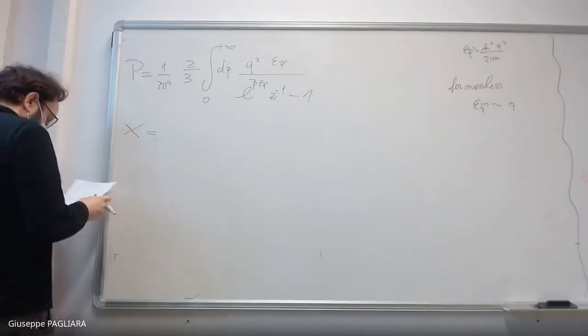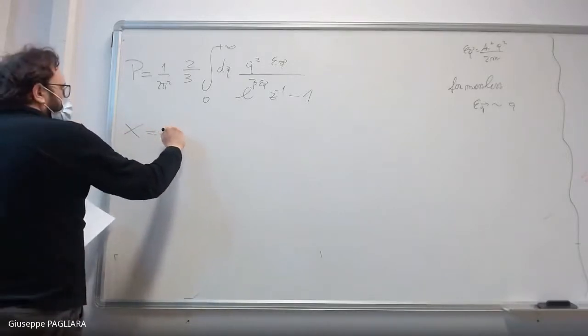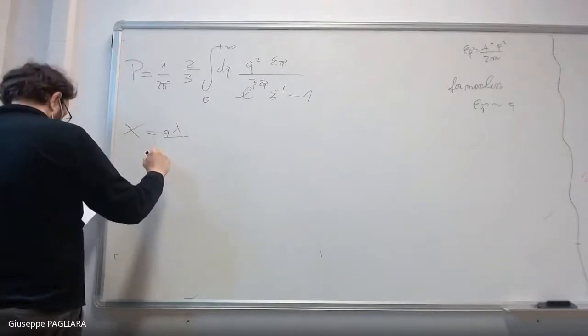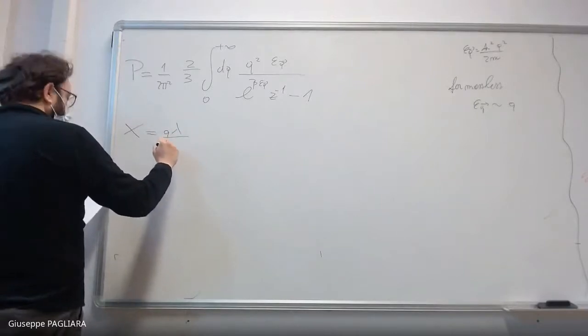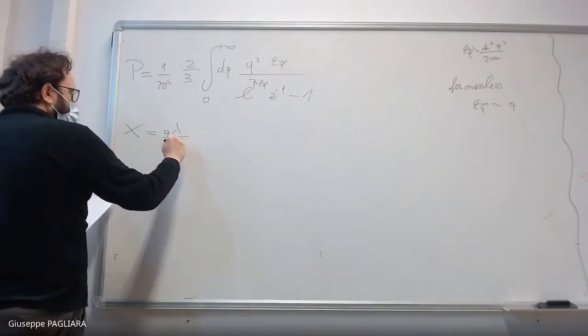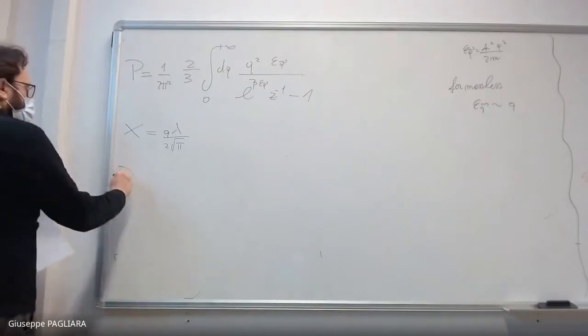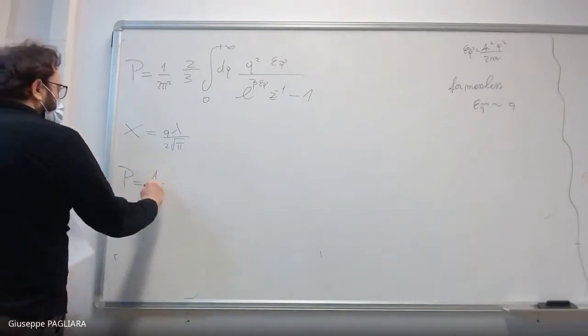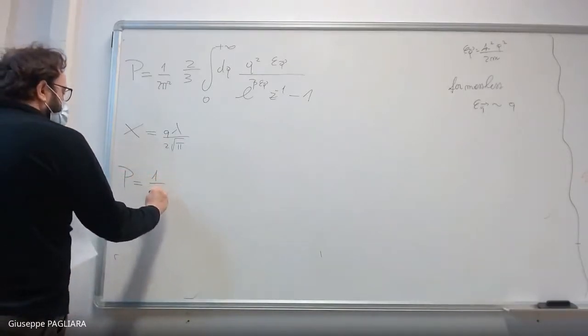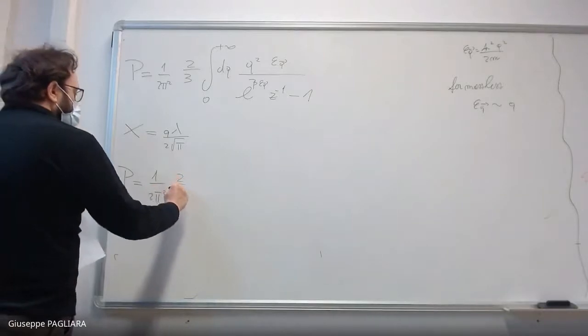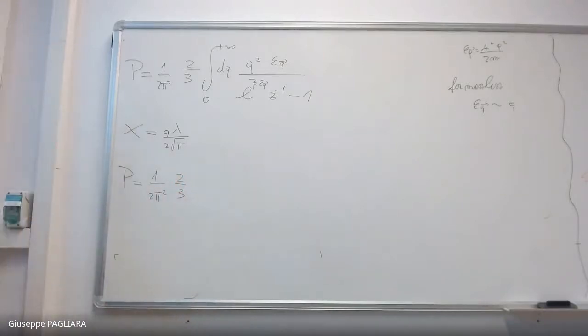x equal to q lambda divided by 2 square root of pi. And in such a case, the pressure will be equal to 1 over 2 pi squared. Then I have a 2/3. And then as before, now I have to count.